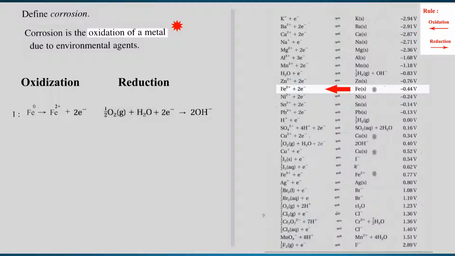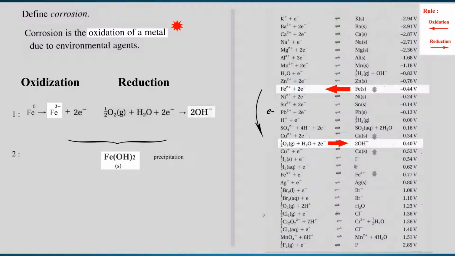Earlier we explained. So the iron gives electrons to oxygen and water. So iron and OH form into rust and it precipitates. And students, please learn this very well.